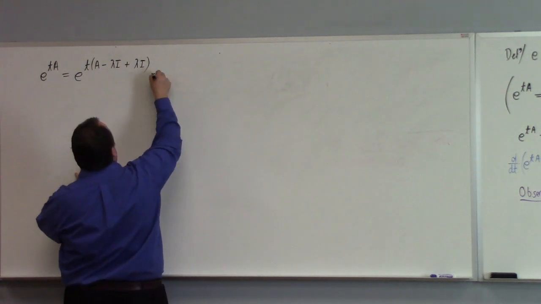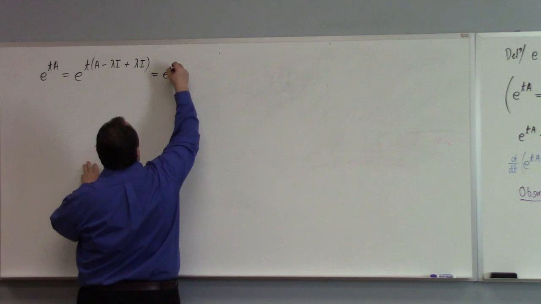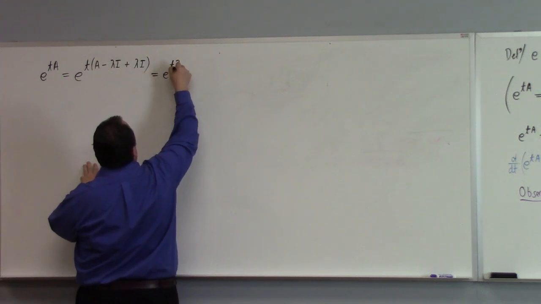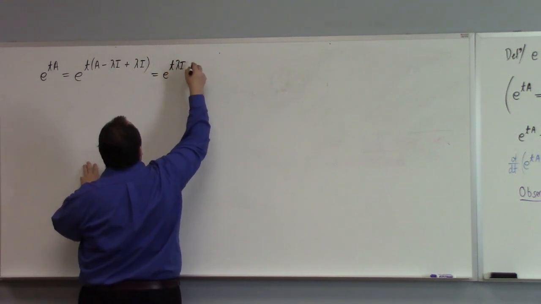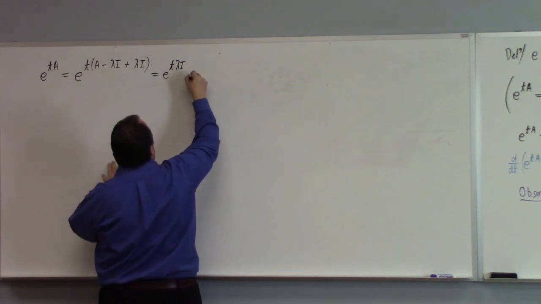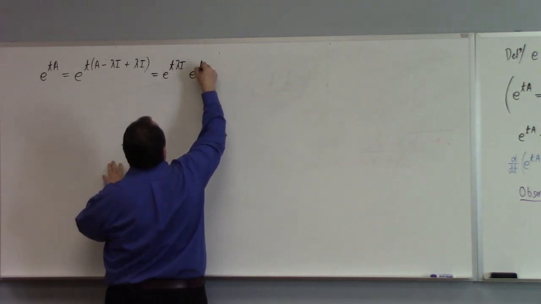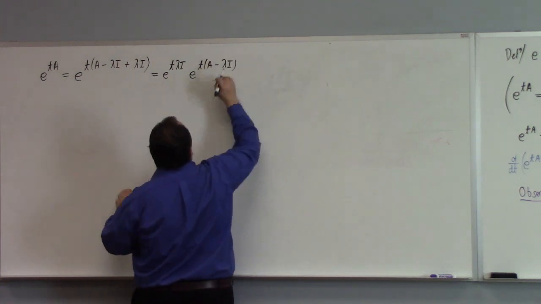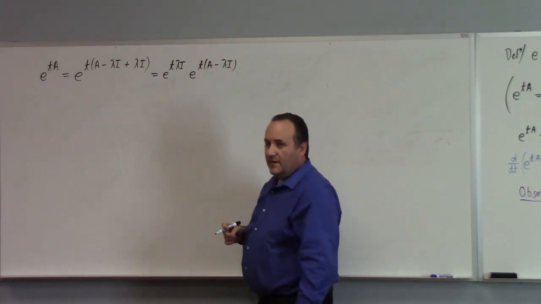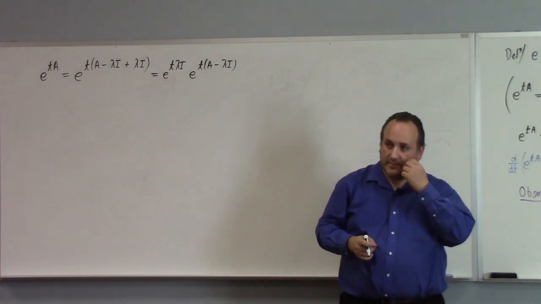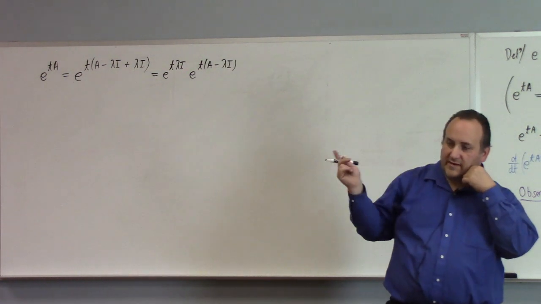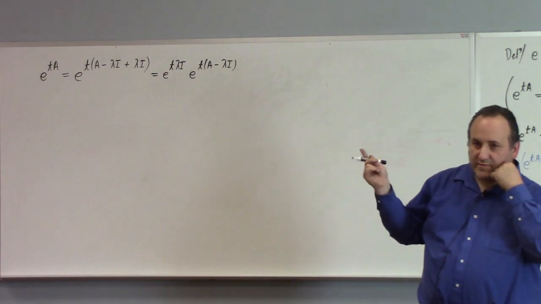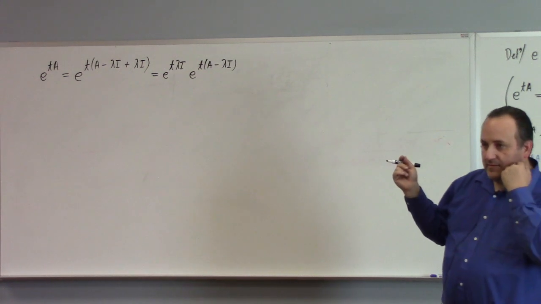But then this is equal to e to the t lambda I times e to the t times (A minus lambda I). Do you agree? I hope you agree, because the identity matrix commutes with the other one, right?